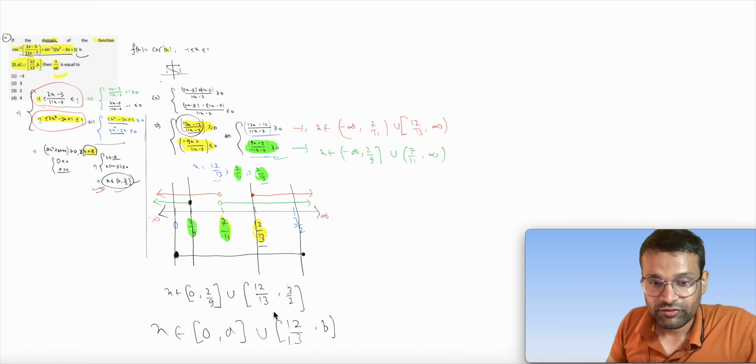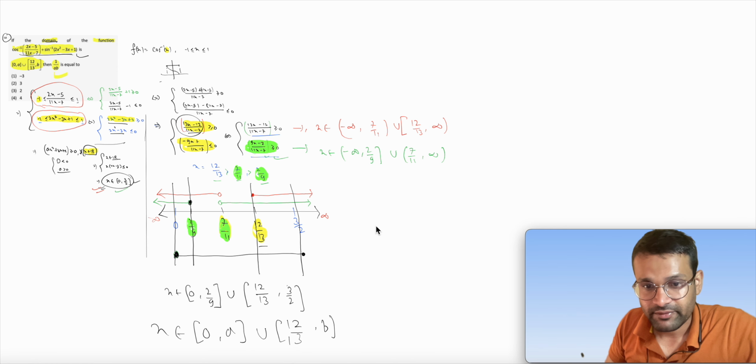Now you compare both inequalities and you get the value of a is 2 by 9 and b is 3 by 2.